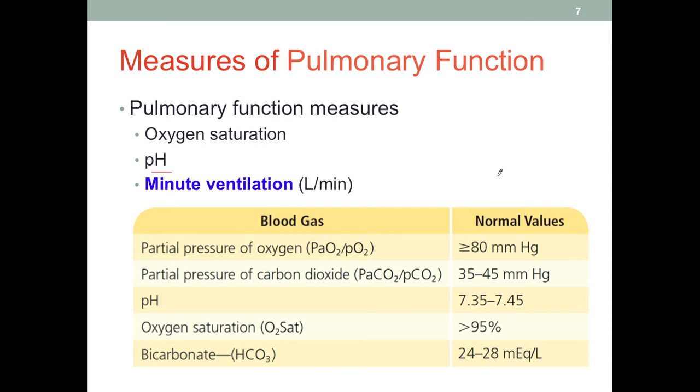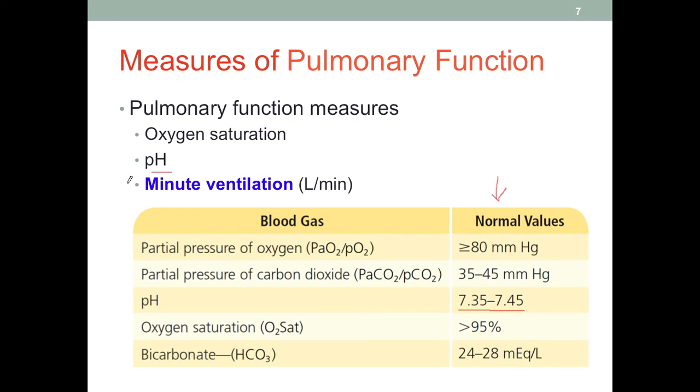So here we have the normal values of a lot of markers when we analyze the arterial blood. So just a reminder, our normal range of blood pH is very narrow. It's between 7.35 to 7.45.